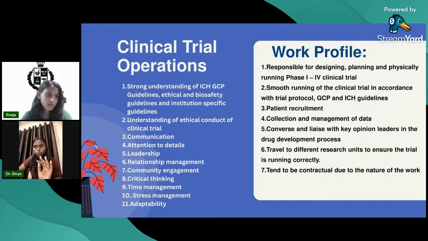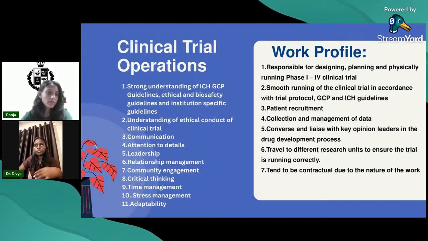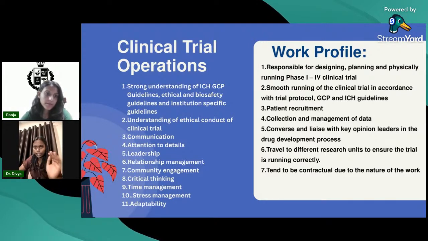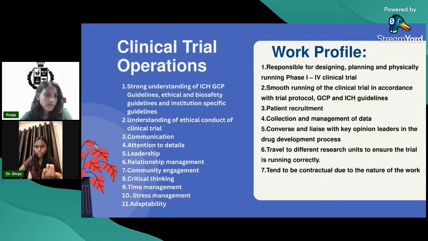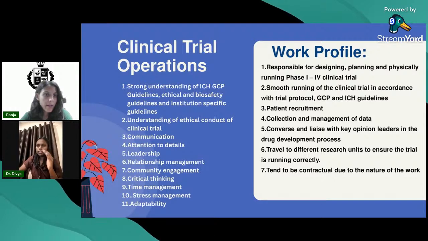You are the one who will strictly monitor or conduct the trial according to the rules and regulations, ICH-GCP guidelines, any regulatory national guidelines, or any institutional guidelines. You should be the one following them. You will be involved in patient recruitment. In every phase you require different types of people.